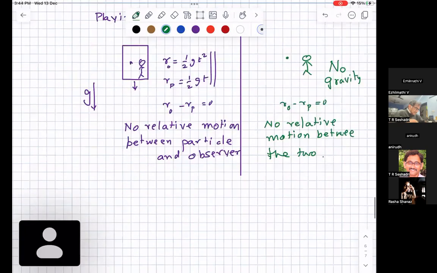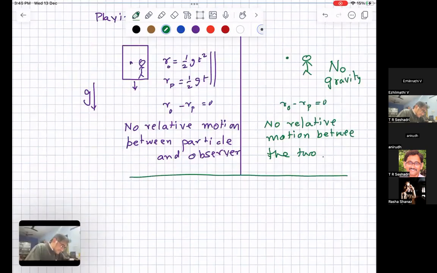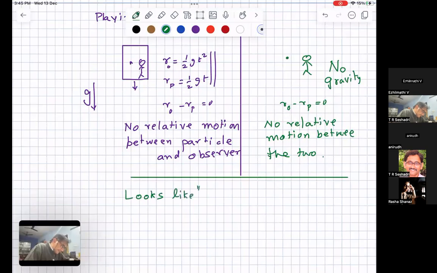Okay. And hence, I will say it looks like, and I will tell you that this is not completely true, a freely falling frame, here the lift frame, is equivalent to a frame in no gravity.